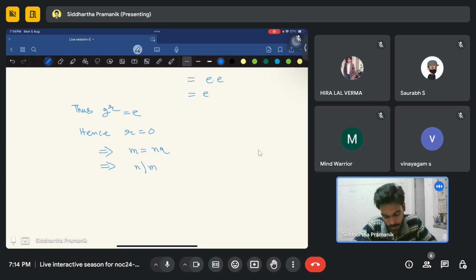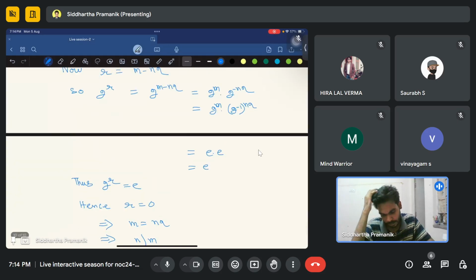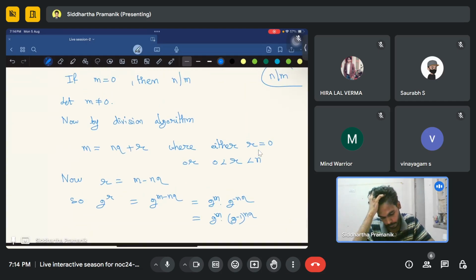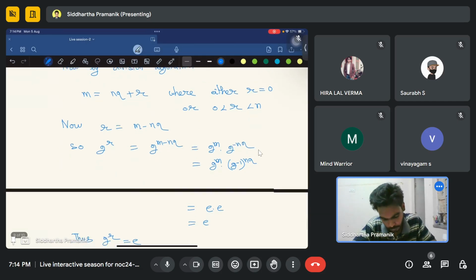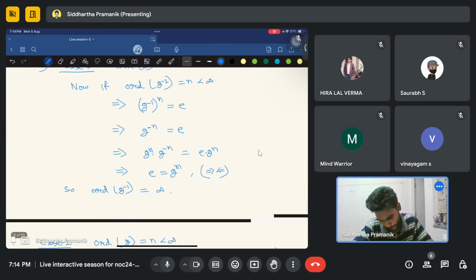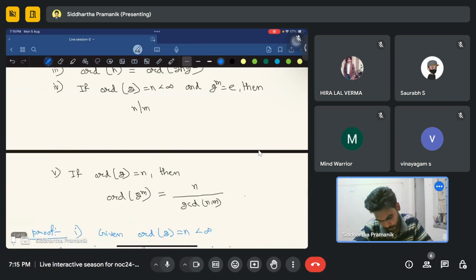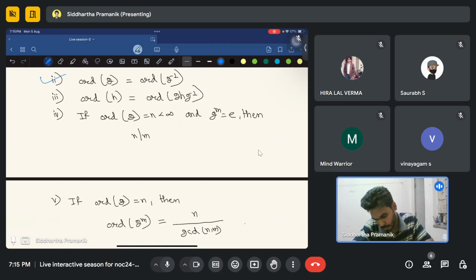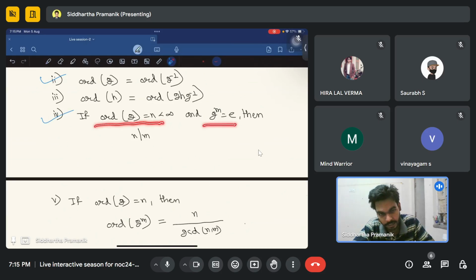I hope this proof is also clear. This needs a little bit of number theory. I have just used the division algorithm, I hope you know this. So we have done the fourth one: the order of g is n and g power m is identity, so n must divide m.